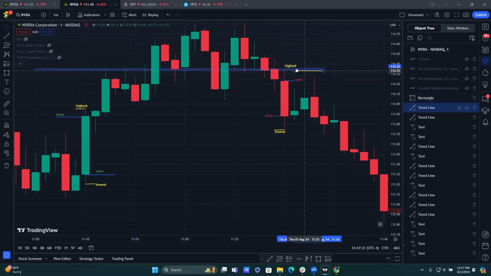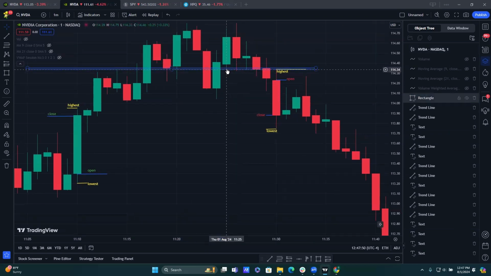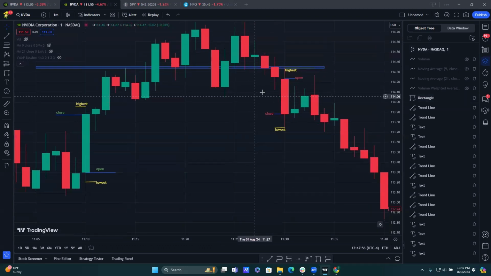So I am saying that this highest high during this red candlestick is actually a level that the stock may come up to and hit at a later date, because it also went down to this level here and it bounced right back up, bounced right back up, bounced right back up. So it seems like this is an area of support, or an area of resistance.